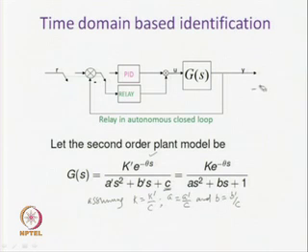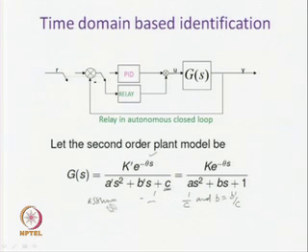Also, when I choose c as a negative value or a positive value, depending on the value of c, it is possible to express the second order plant model as the model for an unstable or for a stable process. Those things are very easy that you can easily make out.